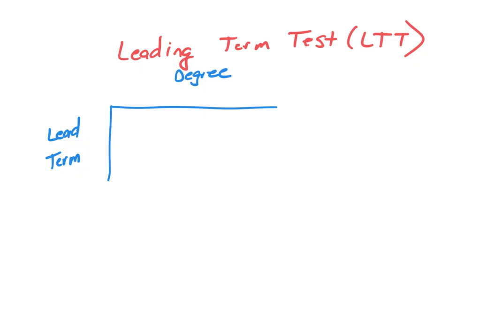Okay, the degree could be even or odd. So if my degree is 2, 4, 6, 8, something like that, then it would be even. If it was 1, 3, 5, 7, it would be odd. And then is my leading term positive or negative?